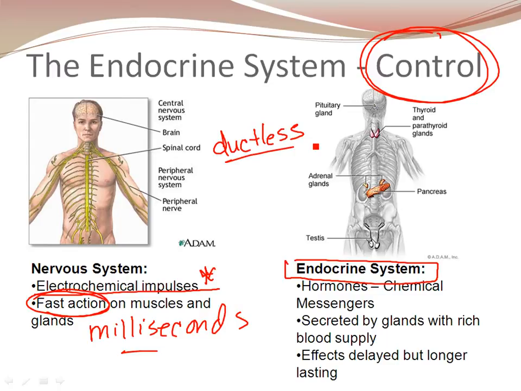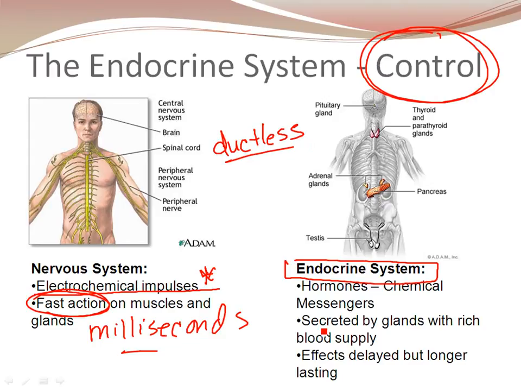Instead, they just secrete these chemical hormones that they make into the surrounding tissue fluids, and then ultimately those hormones move into the lymphatic vessels or the capillaries that are surrounding the organ. They take up the hormones, and then these hormones can travel all throughout the body. So they go everywhere in the body because they get into the bloodstream.